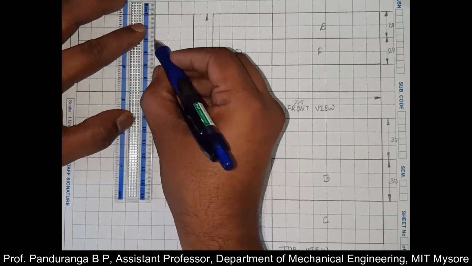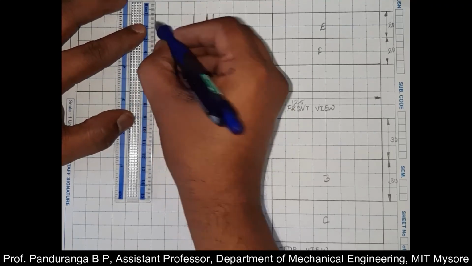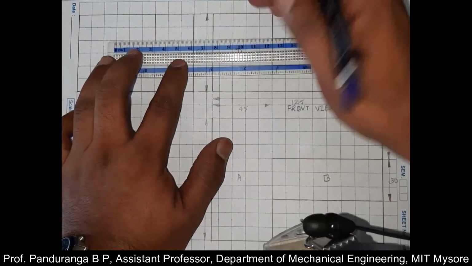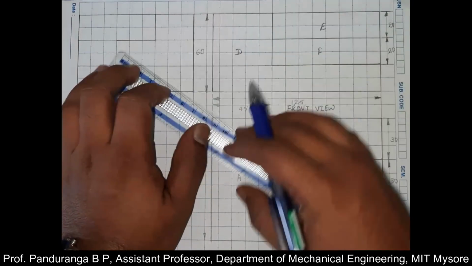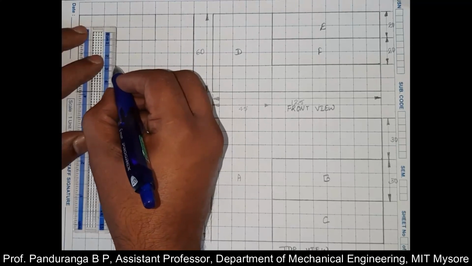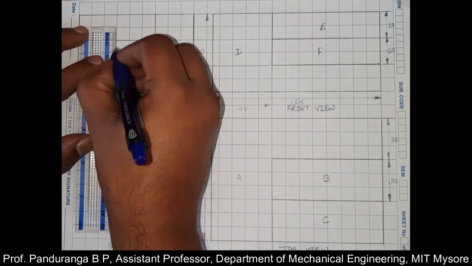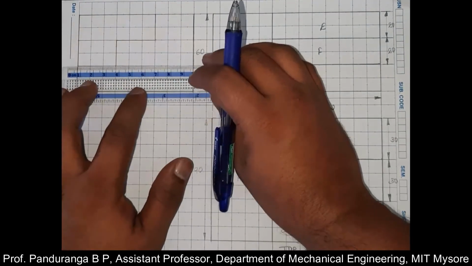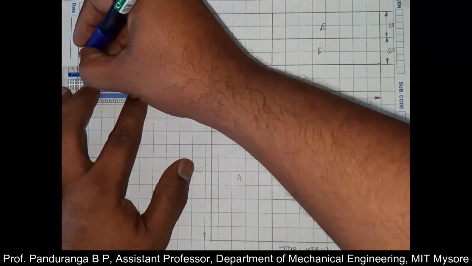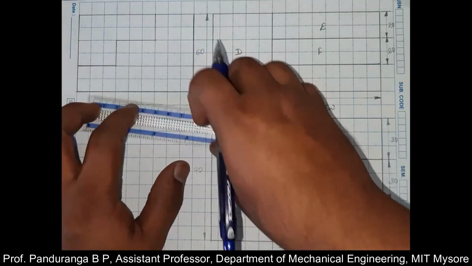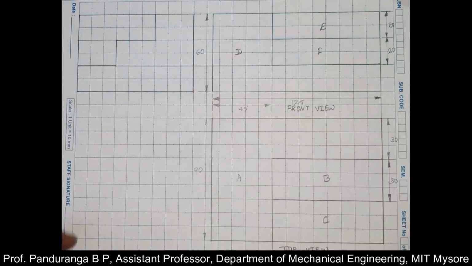So I'll connect them. We have a horizontal line here. We have a vertical edge here. We have another horizontal edge here. Now we have completed the construction of the side view.